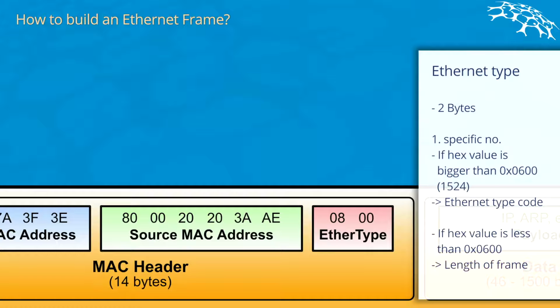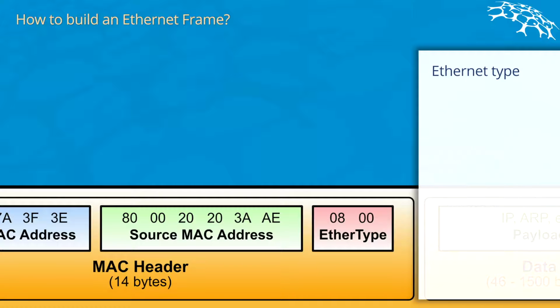If the number is less than 0600, this means that this number represents the length of the frame. And the length of such an Ethernet frame can be between 46 and 1500 bytes. There's actually a reason why the frame length has to have a certain minimal length, which I will explain to you in the next 2 videos.